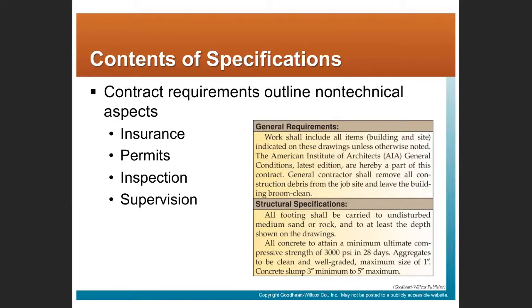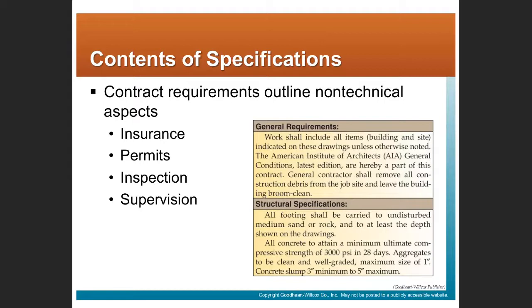Right, and you see on the slide there some examples of the types of things that might be included in a specification. All footings shall be carried to undisturbed medium sand or rock and to at least the depth shown on the drawings. Here's compressive strength of concrete.